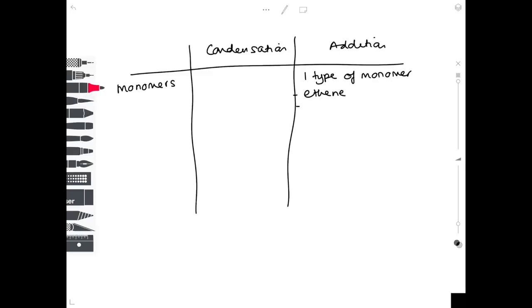If you're making polypropene, the only monomer you'll have is propene. And notice with both of these that they are unsaturated, which means they contain a C double bond C, and that unsaturation is essential when you're looking at addition polymerization. With condensation polymerization, you'll have two types of monomer, and they won't have a C double bond C.